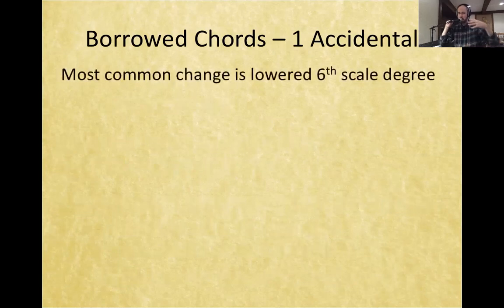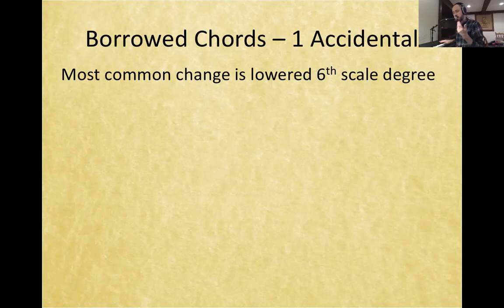And so this is one of the first critical things to know about borrowed chords, about modal mixture, is that there are certain scale degrees that are much more likely to be involved. And so if we think about the major scale versus the natural minor scale, right?